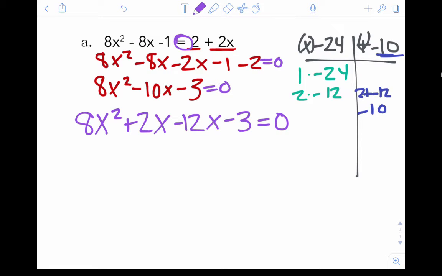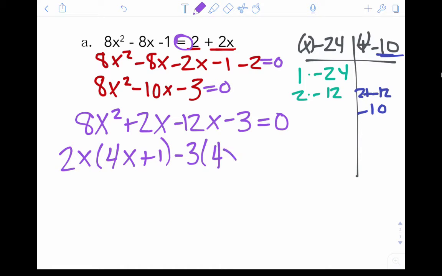And I'm going to continue solving by factoring by grouping. So my GCF of these first two terms is 2x, so I'm left with 4x plus 1. My GCF of the second two terms is negative 3, so that I can have a 4x plus 1, and that's all equal to 0.